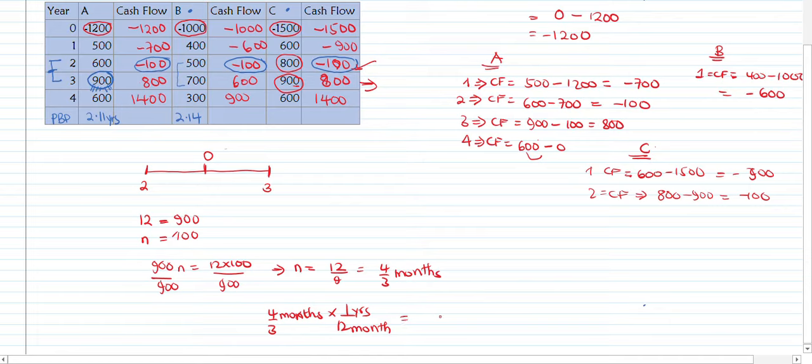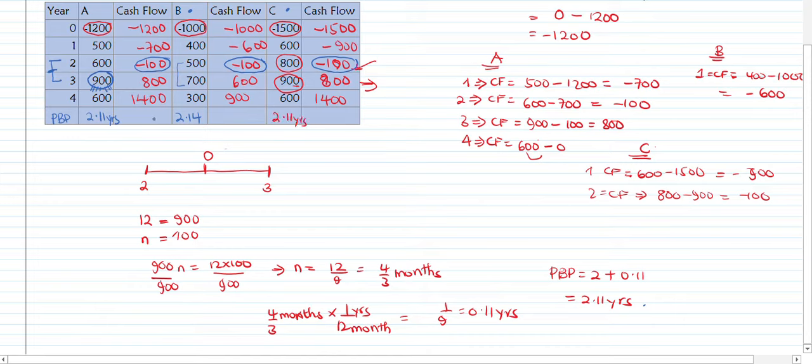And that is going to give us 1 over 9, which is 0.11 years. And since it's within second year and third year, our payback period is simply 2 years plus 0.11, so 2.11 years. And that's our payback period. So the project C, 2.11 years.